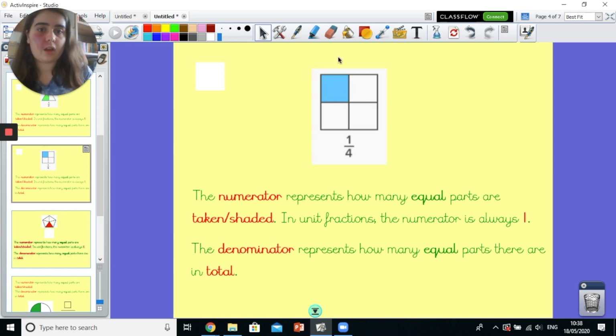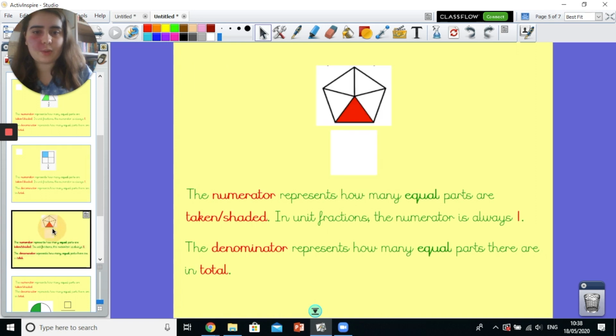That means altogether we've got 4 parts. And remember, our numerator represents how many equal parts are taken out or shaded. In this fraction, 1 part out of the 4 is shaded. How do we say this fraction? 1/4. Well done.